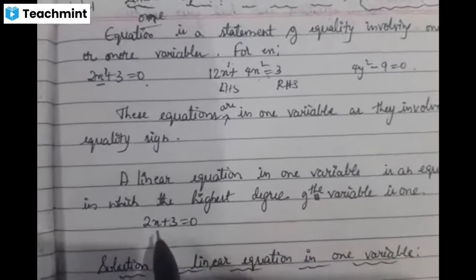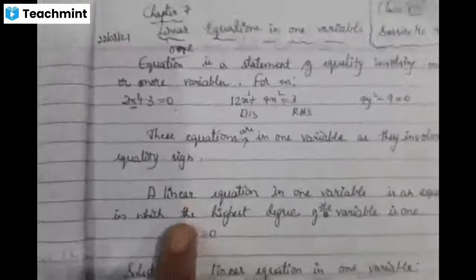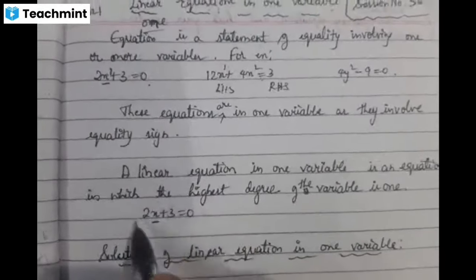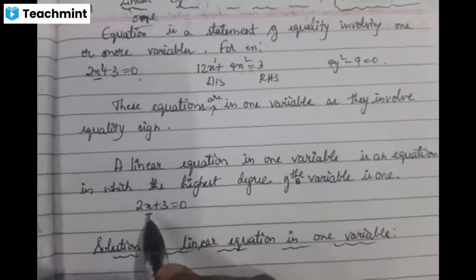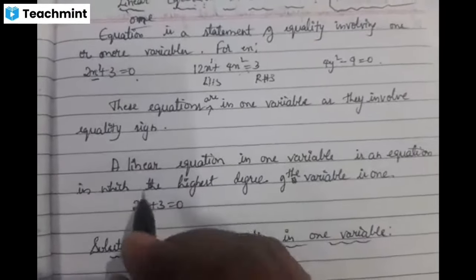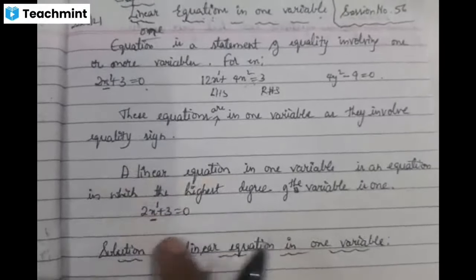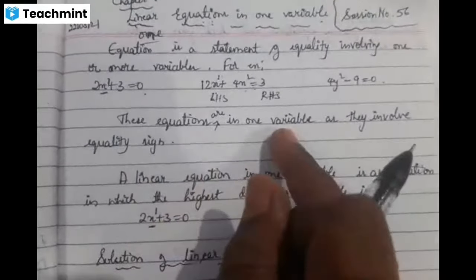For example, 2x plus 3 is equal to 0. Here you can find only one variable, that is x. And what is the power of this variable, children? It is 1. Such type of equation is said to be a linear equation.